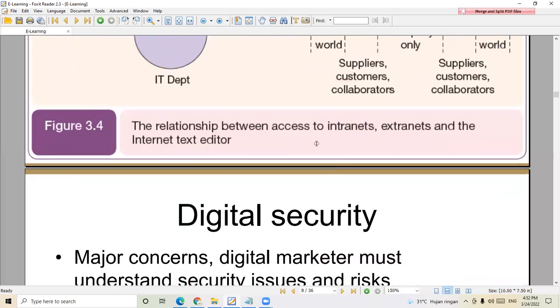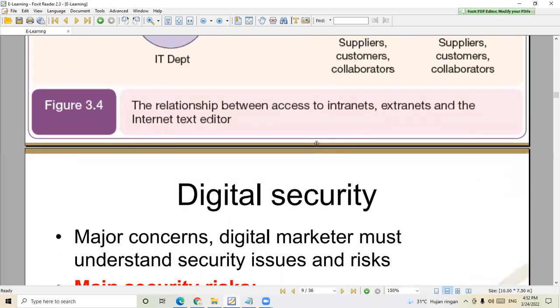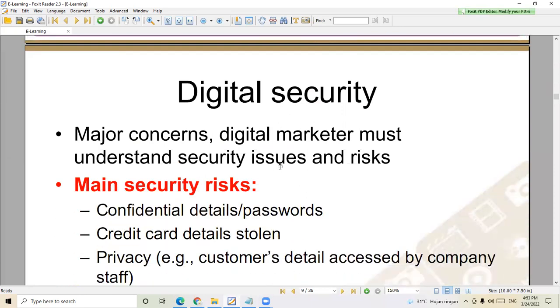Talking about technology, we are always concerned about security. It's a major concern which digital marketers must understand, if we are dealing with technology, especially if we are using the internet.